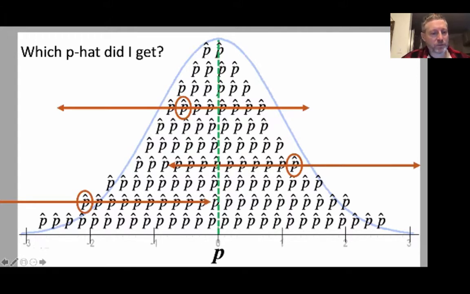There's a few out of these that are going to be that way. If you end up just unlucky and you get a p hat that's more than 2 standard deviations away, then when you build an interval, it's not going to capture it. But the good news is most of those p hats, when you go out 2 standard deviations, will in fact capture or contain the true proportion that we're looking for. That's why we can be 95% confident.